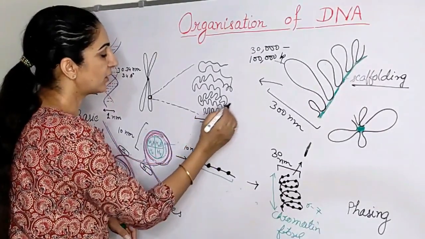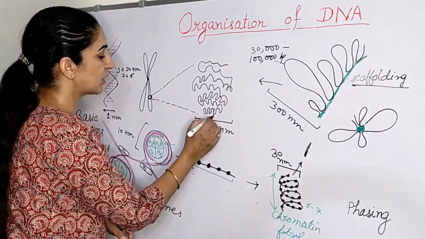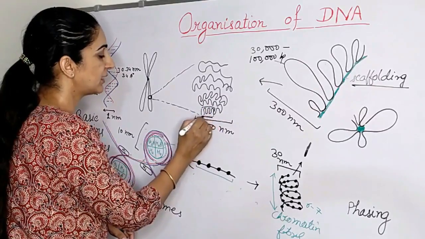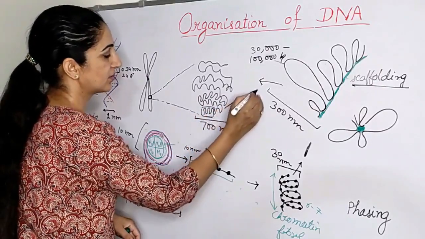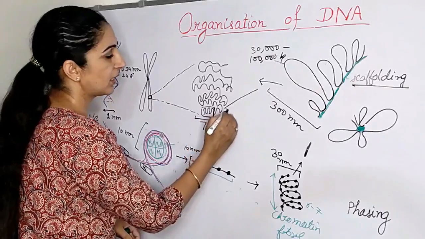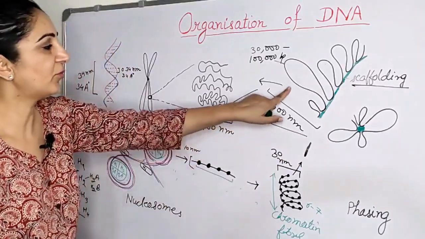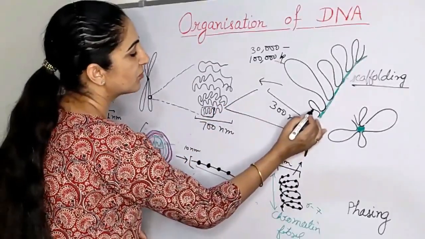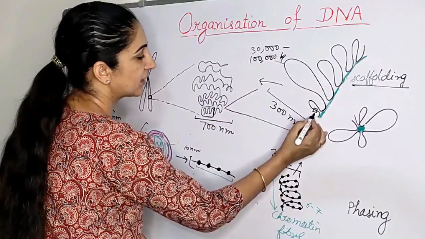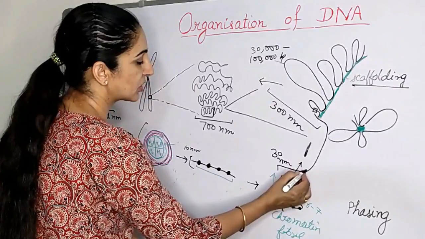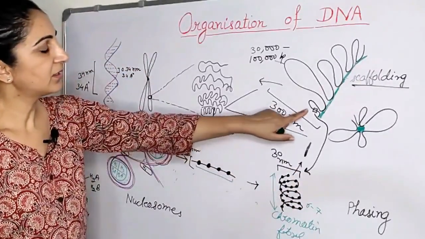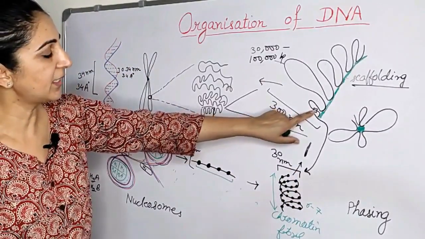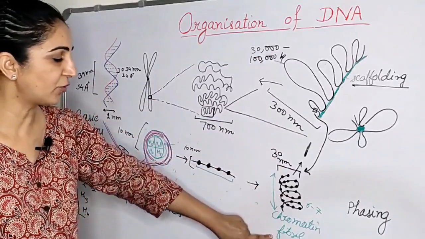Suppose we see this much part, it can be enlarged like this. This is actually made up of the loops attached to the scaffolding. Suppose we enlarge this much part here, then we can see a structure like this. This one linear line is actually made up of a chromatin fibril.